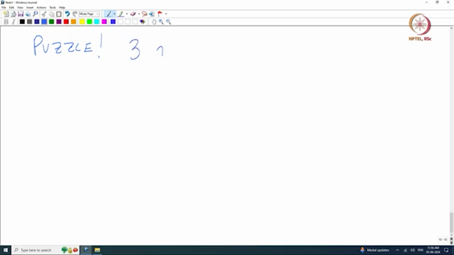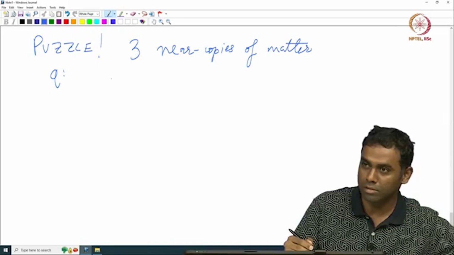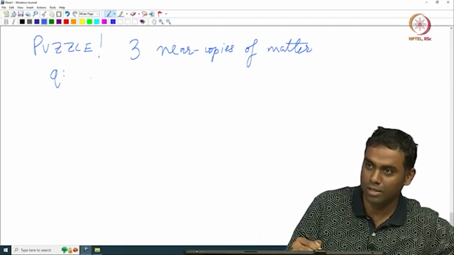We basically have 3 near copies of matter, right. So, as far as quarks are concerned, do you remember the names of the quarks? Yeah, up, down, exactly.